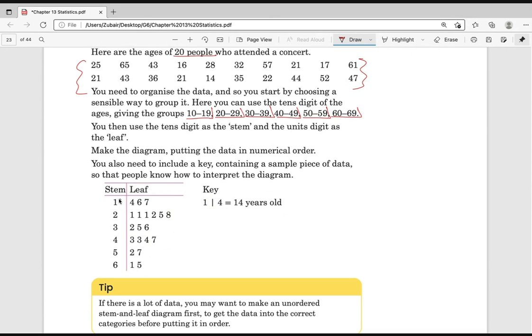Even if he would have written 10, 20, 30, 40, 50, 60, the key would change to 10|4 equals 14. Still, it is serving the purpose. So one may have it as already shown, and one may have as 10, 20, 30, 40. That's a personal choice, but the key would explain what the exact data means.